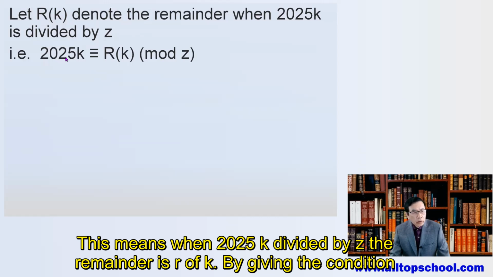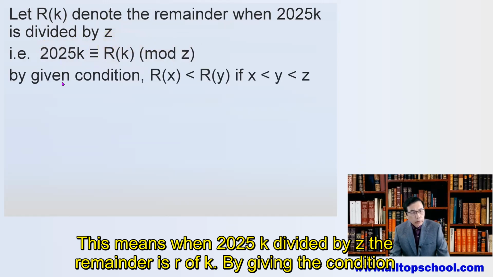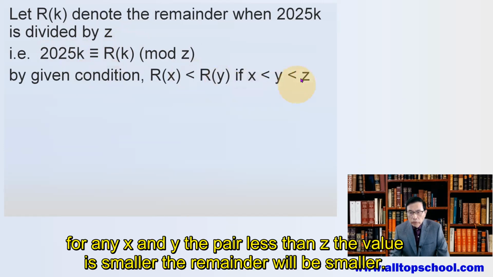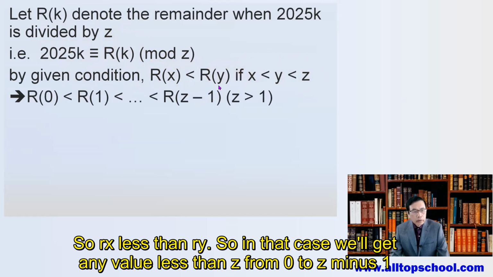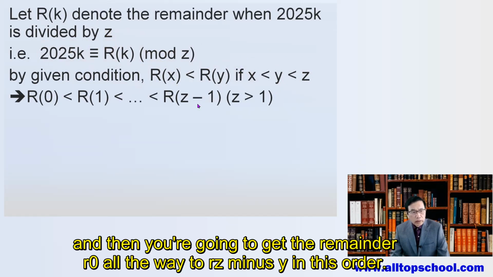This means when 2025k is divided by z, the remainder is r_k. By the given condition, for any x and y less than z, the smaller value gives the smaller remainder, so r_x is less than r_y. So in that case, we take any value less than z from 0 to z minus 1, and you're going to get the remainders r_0 all the way to r_(z-1) in this order.